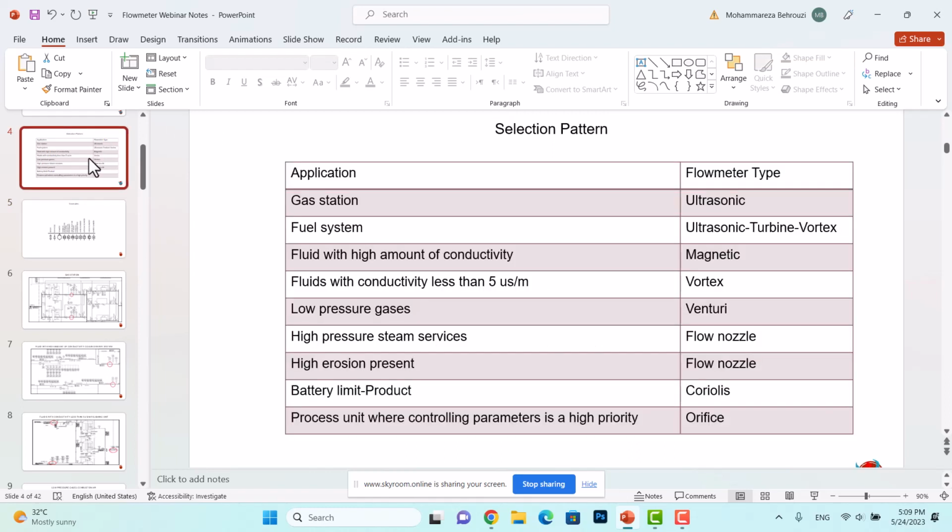But in order to familiarize your mind and eyes with the relationship between flowmeter type and different applications, I have created this table for you in these PowerPoint slides. We're going to review this table quickly, and later in different examples see what these entries in this table mean.